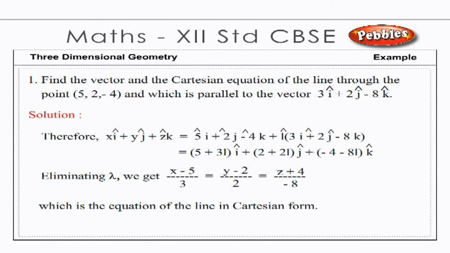Eliminating lambda, we get (x minus 5) by 3 is equal to (y minus 2) by 2 is equal to (z plus 4) by minus 8, which is the equation of the line in Cartesian form.